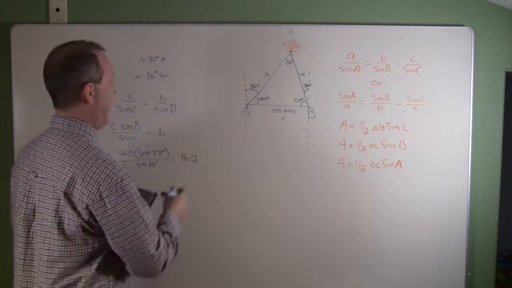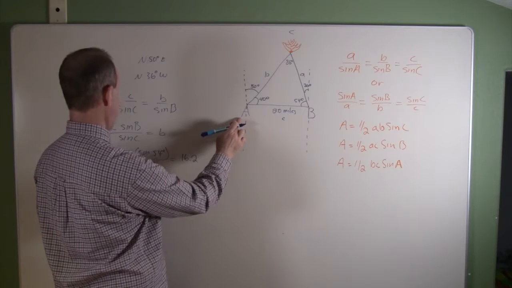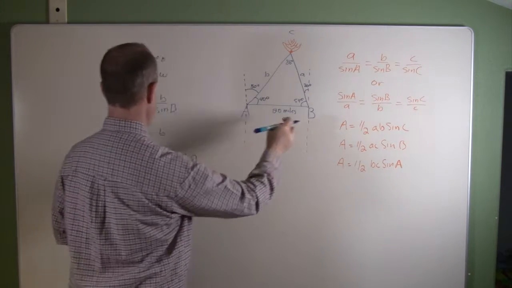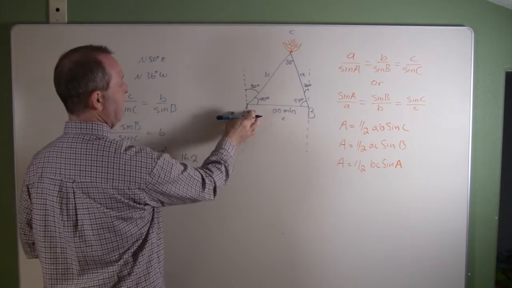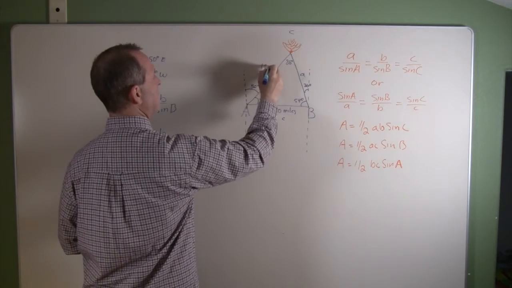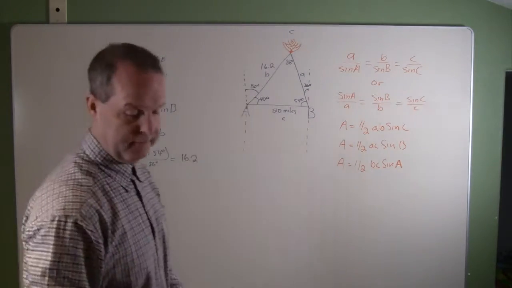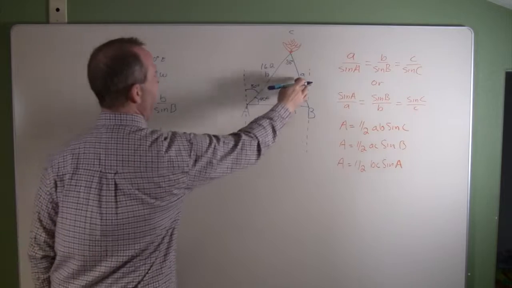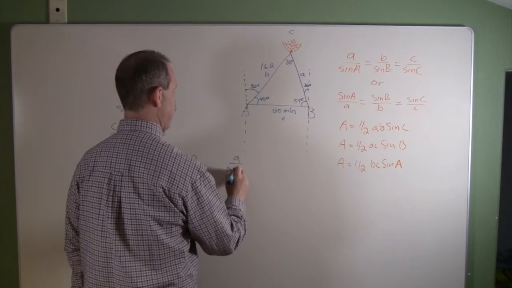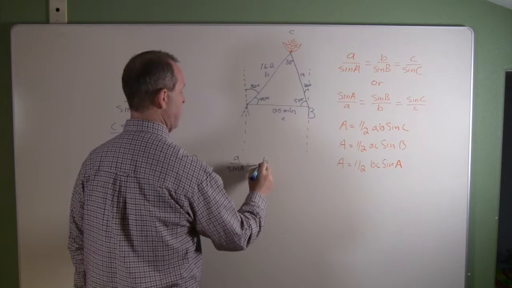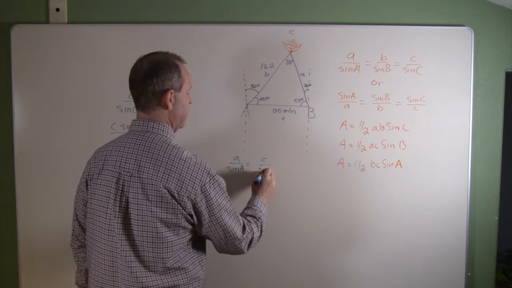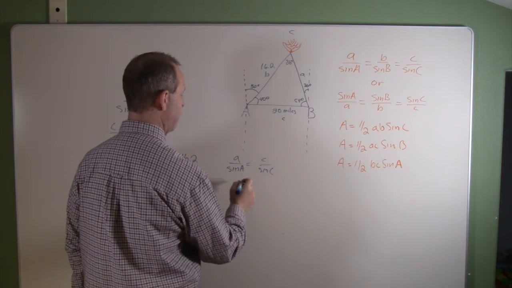So from base camp A, because I solved for b, the fire is 16.2 miles away. And then to find the other one, let's solve for a. We can likewise do a over sine A equals c over sine C, since that's what we already did. Solve that for a.